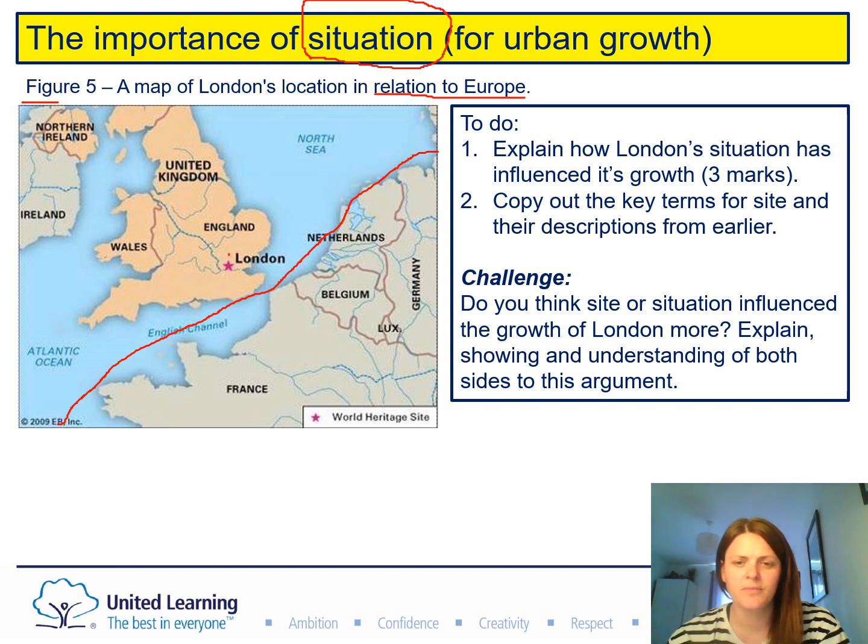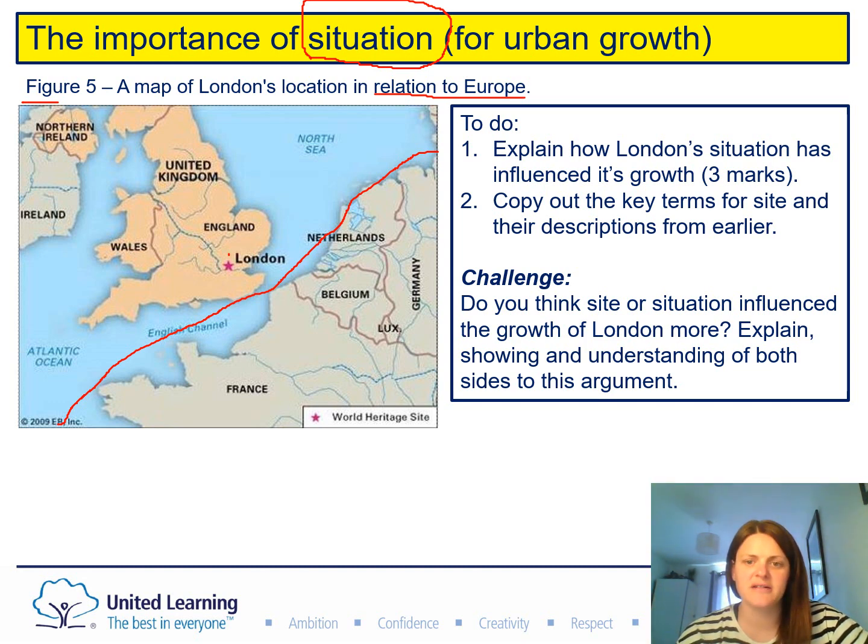What I want you to do, you've got 2 things to do here. I want you first to explain how London's situation has influenced its growth. So how has it become a big city over the years? Then I want you to copy out the terms for site and their description from earlier. So think back to our key terms at the beginning of the lesson, and can you write them out again?